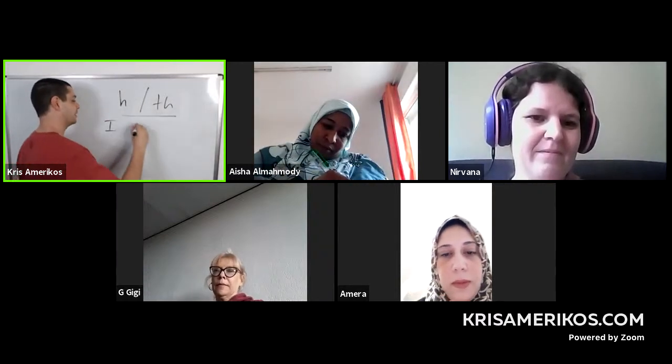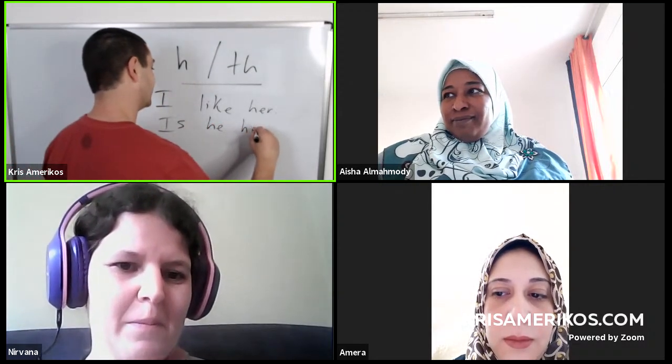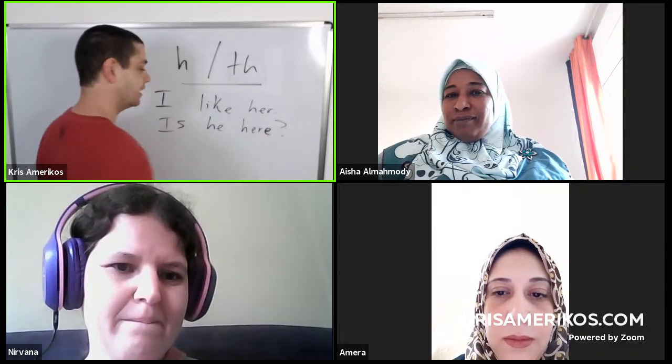I'll give you some examples. The phrase, I like her. When native speakers say it and they speak quickly, it sounds like, I like her. They don't say, I like her, but they say, I like her. Or we could use the phrase, is he here?